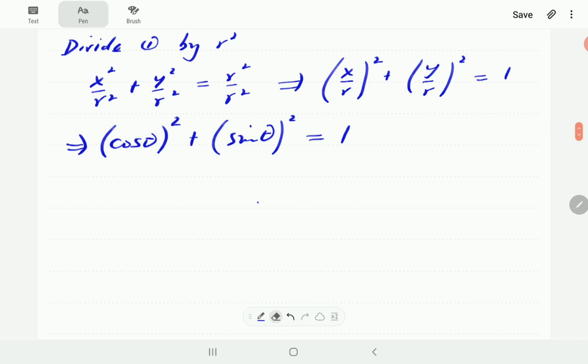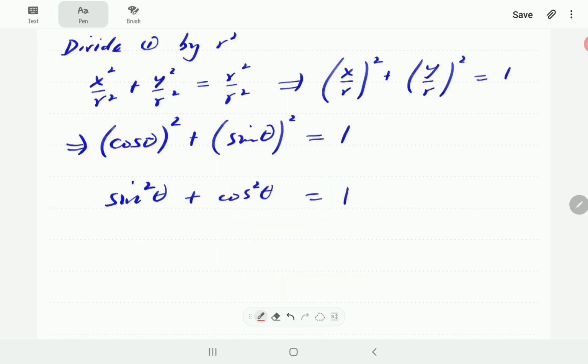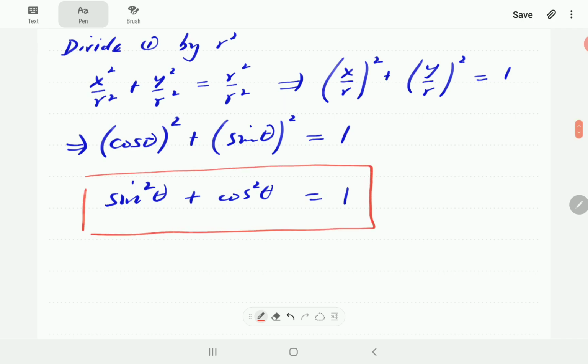Then for brevity, we are going to lose the brackets, so we're going to write this as sine squared theta plus cos squared theta is equal to 1. So this is going to be our first formula, which is called the fundamental identity of trigonometry.